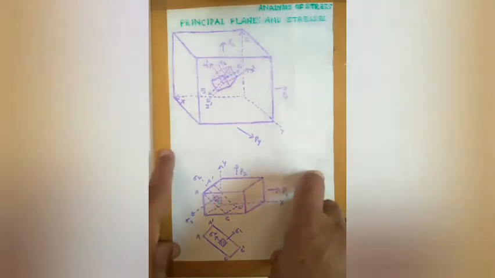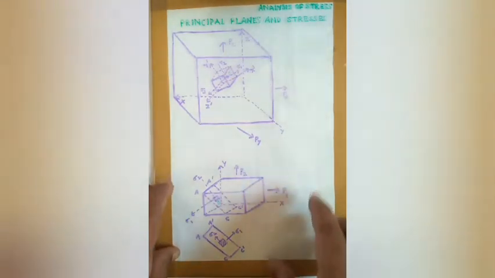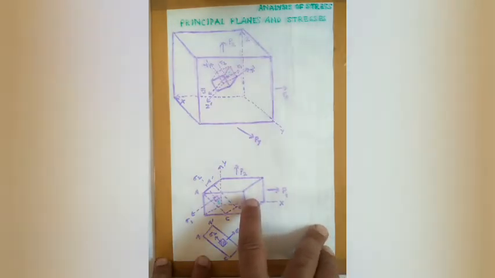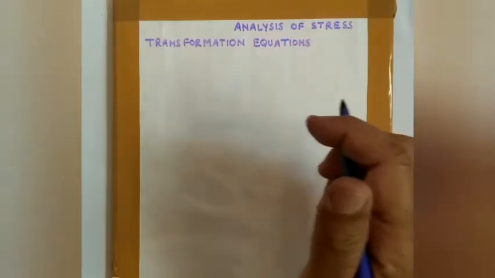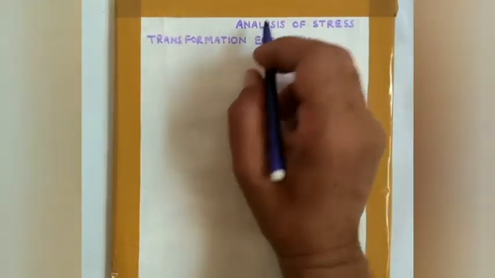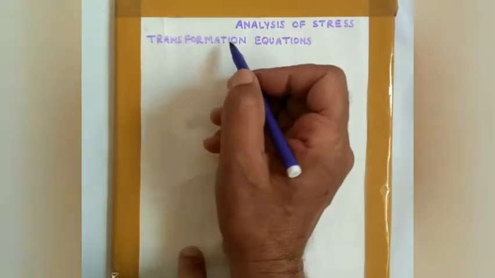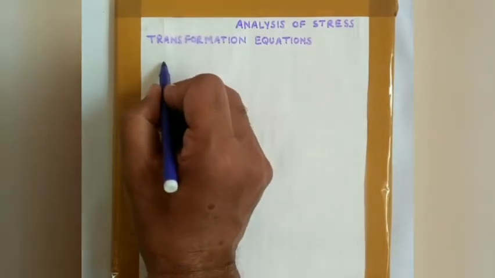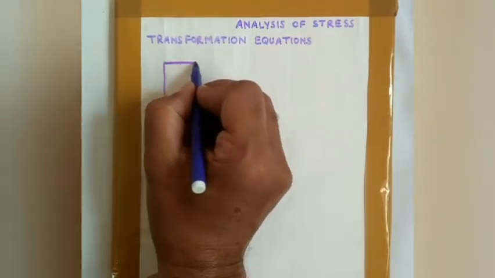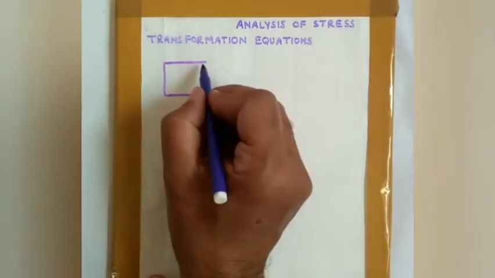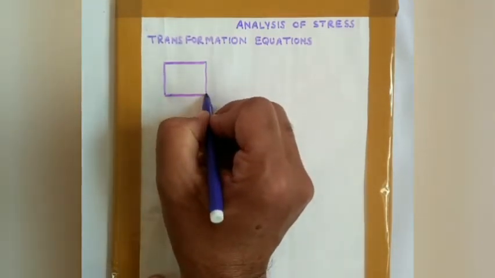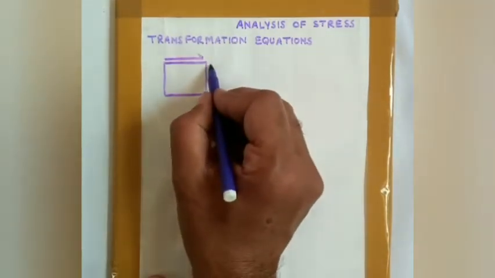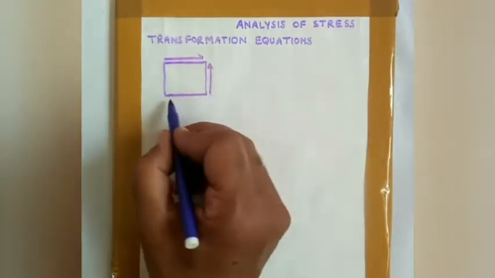So in this chapter we will use transformation equations to derive the principal stress under two-dimensional stress. In analysis of stress, let us understand today transformation equations and the importance of the transformation equations. Let us recall the plane stress system: normal stress Pn and tangential stress Pt acting on a plane inclined at theta.